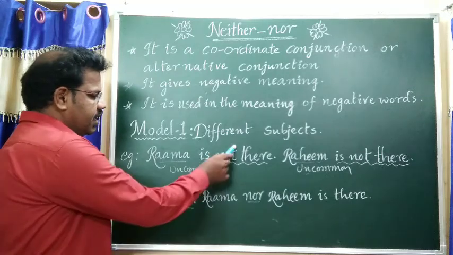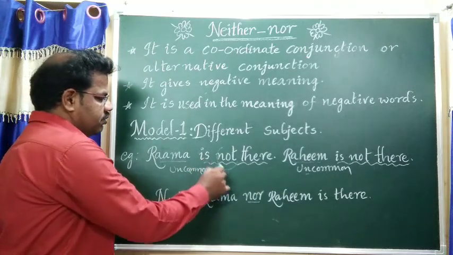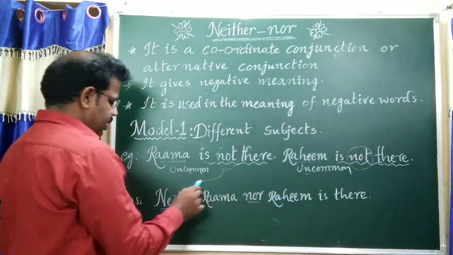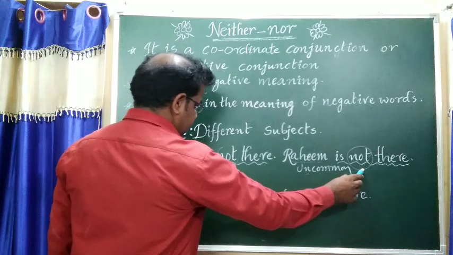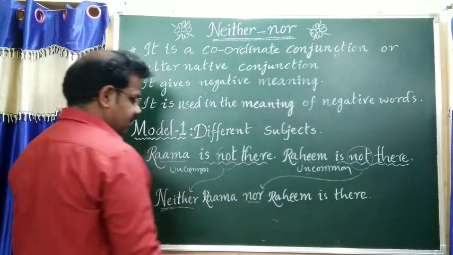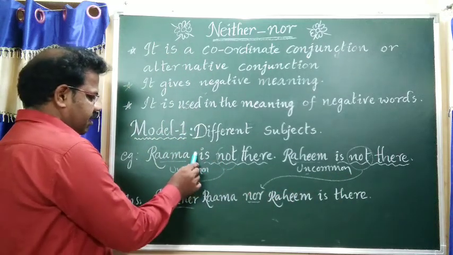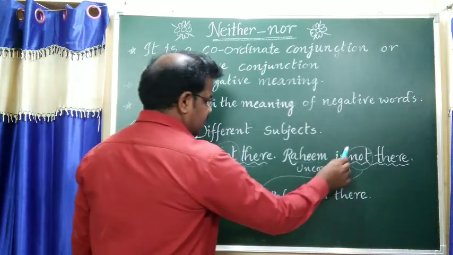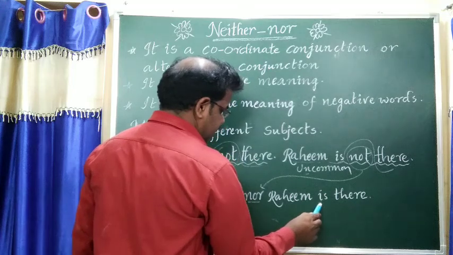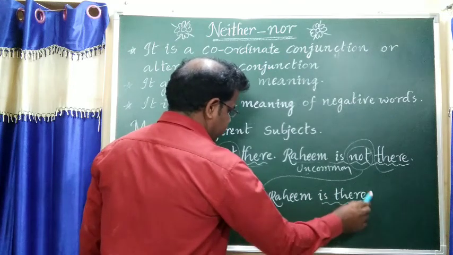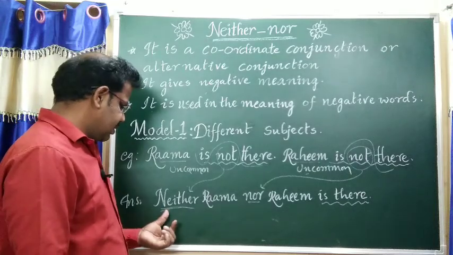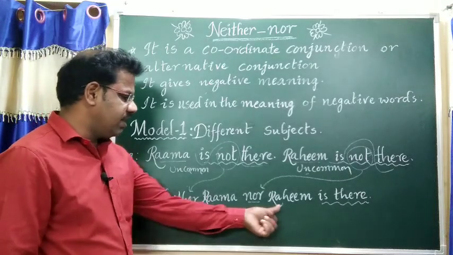Then we should avoid not. One is neither, the second one is nor. The remaining common words are is there. I have written it here. This is the answer: Neither Rama nor Rahim is there.